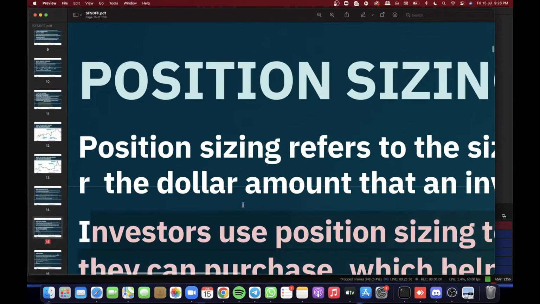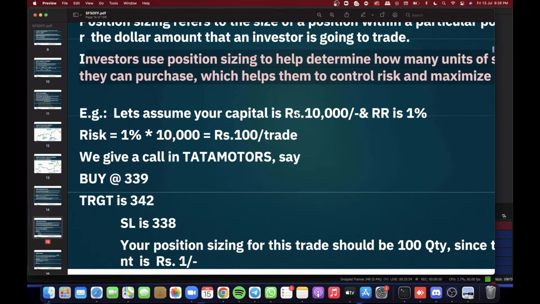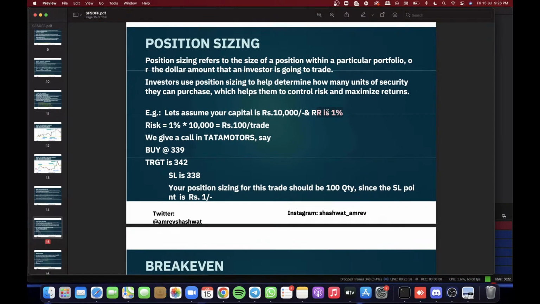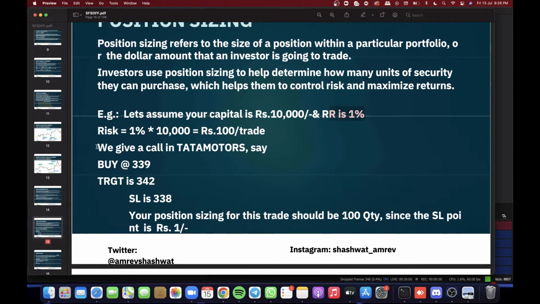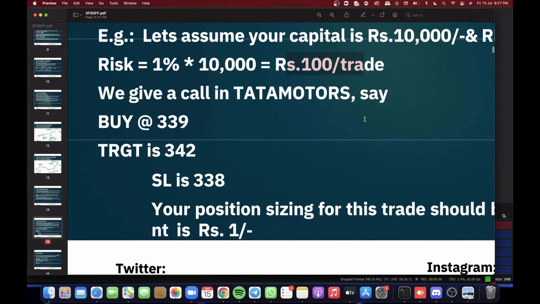I'll show you in the PDF itself. Let's assume your capital is 10,000 and you are willing to take 1% as your position sizing. So 1% of 10,000 equals 100 rupees.